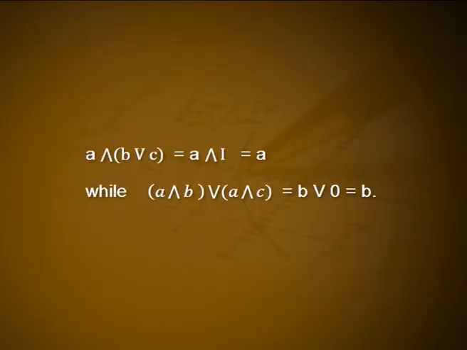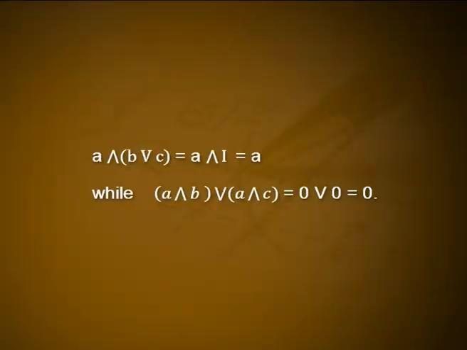For the first figure, we have a meet (b join c) is equal to a meet I, which is equal to a, while (a meet b) join (a meet c) is equal to b join 0, which is equal to b. And for the second figure, observe that a meet (b join c) is equal to a meet I, which is equal to a, while (a meet b) join (a meet c) is equal to 0 join 0, which is equal to 0.